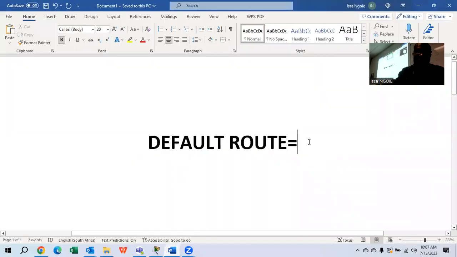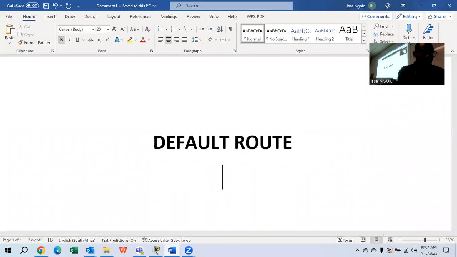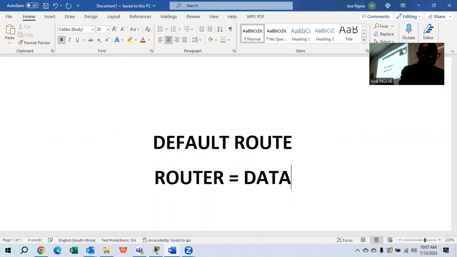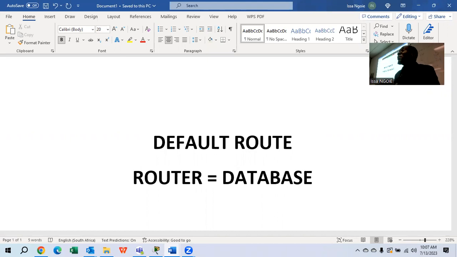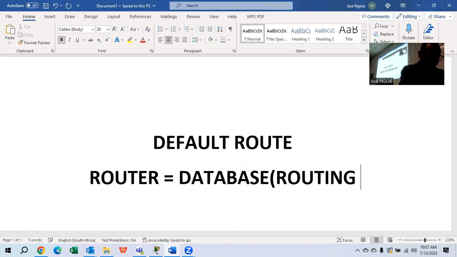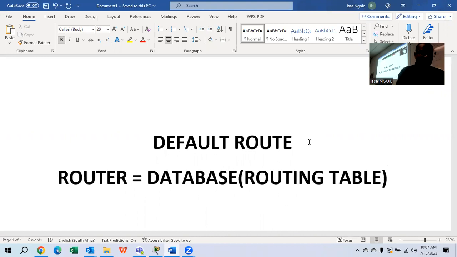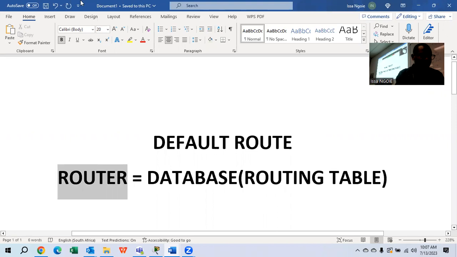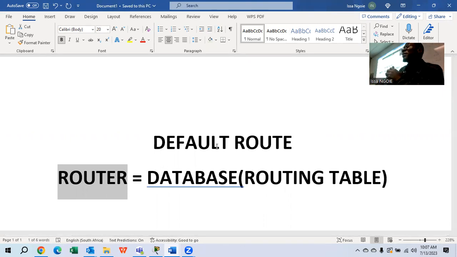Yeah, you know when you have your router, right? Your router will have what? Like a database, right? That database, we always call it routing table. There's a routing table, right? That routing table, this is the database that every router will have, right?